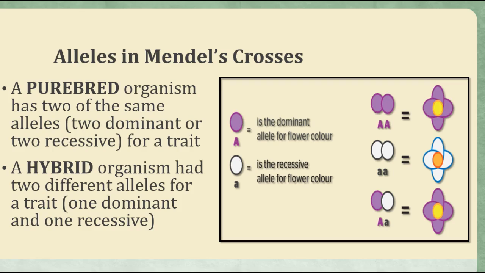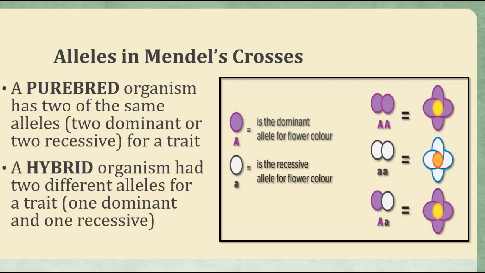So if we take a look at this picture here, we see for flower color, they've designated the uppercase A as being the dominant allele for the purple color, and the recessive allele for flower color, which is white, is lowercase a.